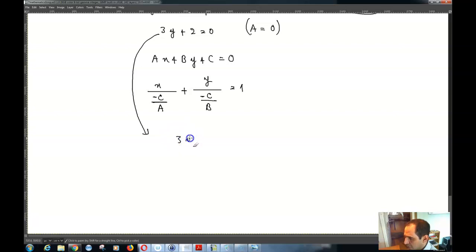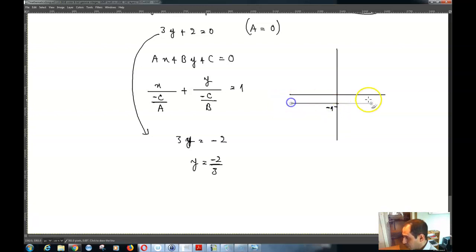Meaning that 3y, you can write it as negative 2, and then y is equal to negative 2/3. Y is equal to negative 2/3 would be this line over here. You do have a y-intercept, but you don't have any x-intercepts here. So that's basically that.